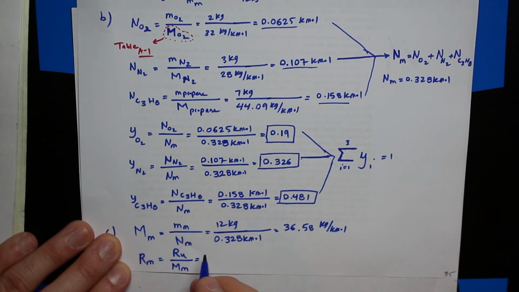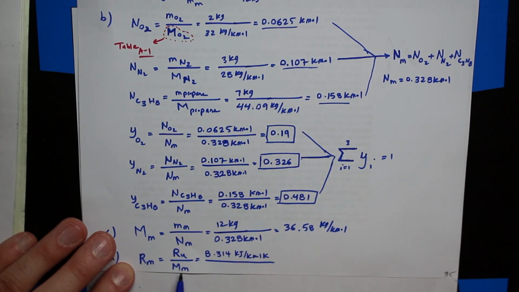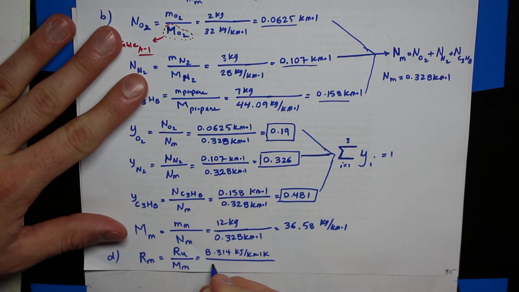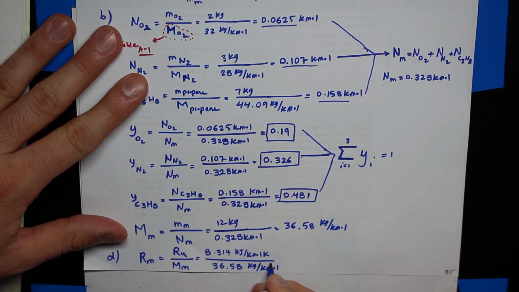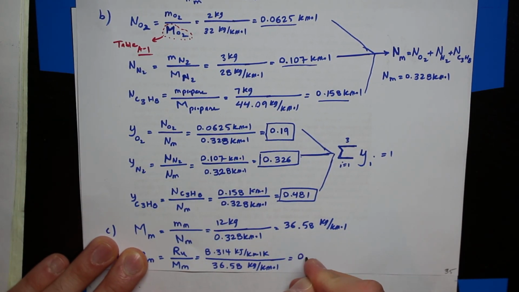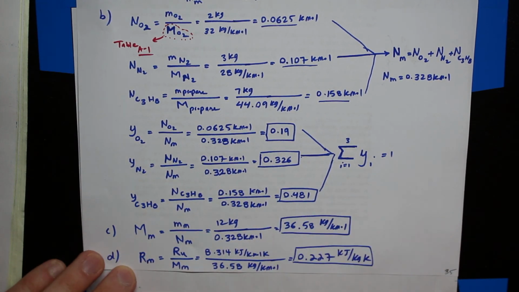Ru is the universal gas constant, 8.314 kilojoule per kilomole Kelvin. And I already found the molar mass in part C, that is 36.58 kilogram per kilomole. So my Rm is going to be 0.227 kilojoule per kilogram Kelvin. So this is the answer to part D, and this was the answer to part C.